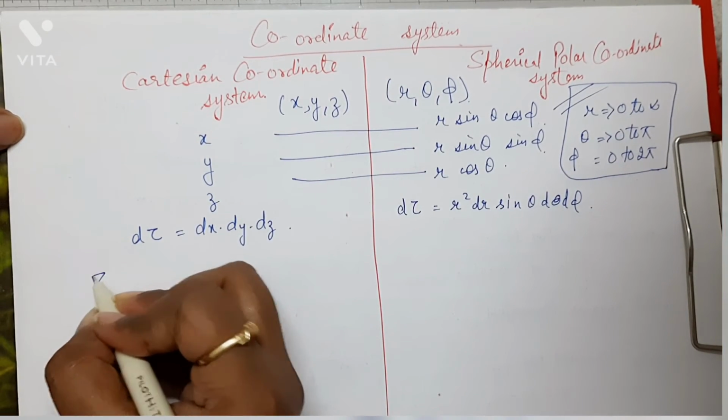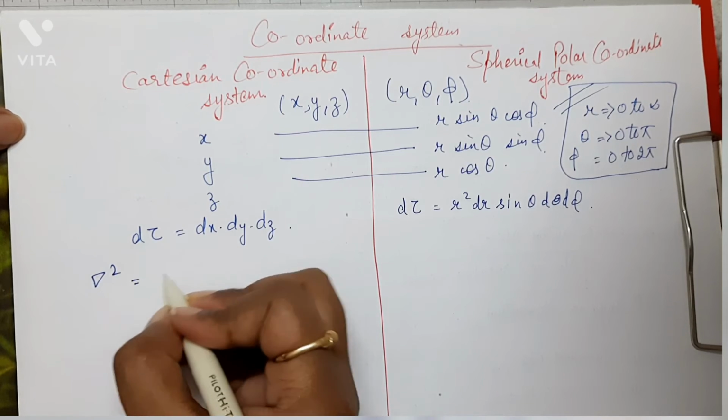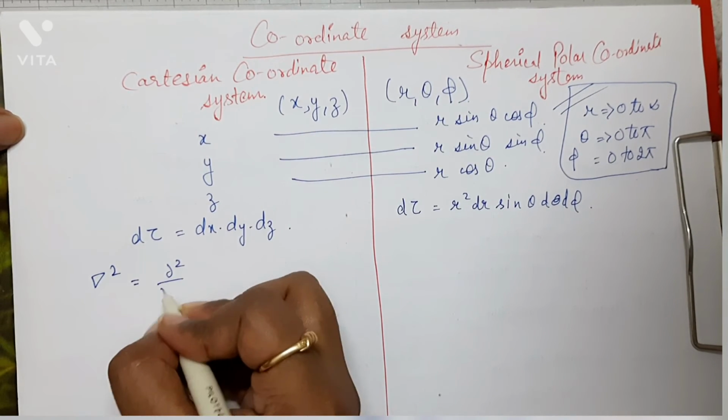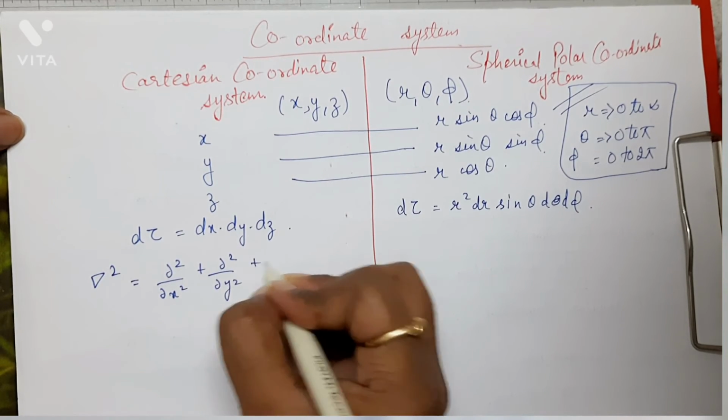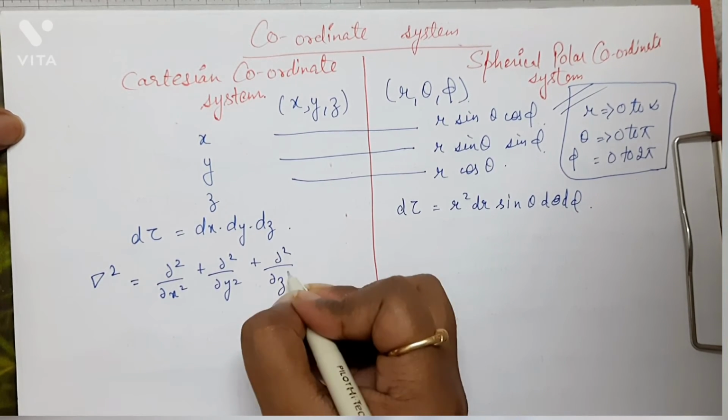Now we have discussed del square, which was equal to del square by del x square plus del square by del y square plus del square by del z square.